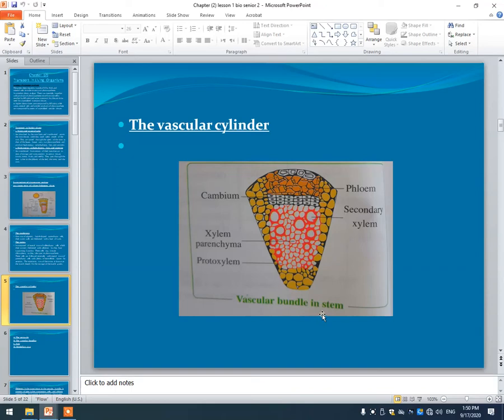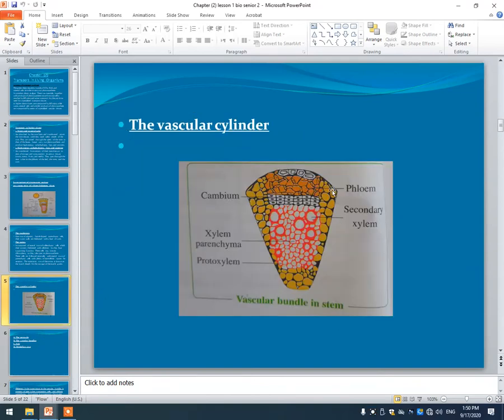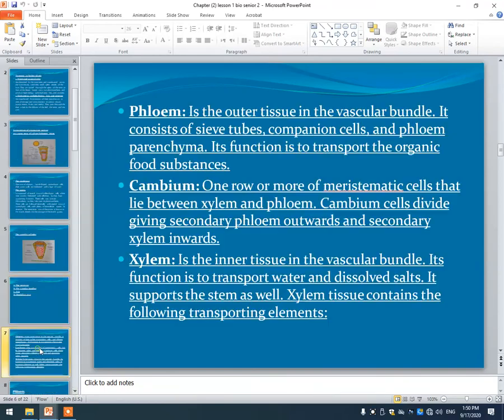Vascular bundle. If we look at the vascular bundle in the diagram, it consists of the phloem and the xylem, and there is cambium between them, separating the phloem and the xylem. What's the phloem? Phloem is the outer tissue in the vascular bundle.